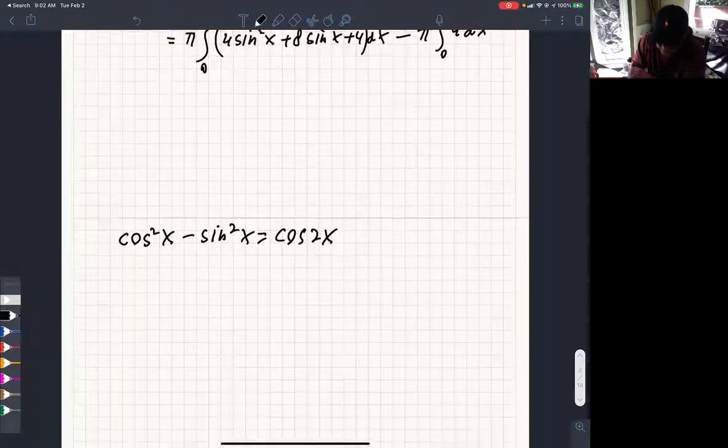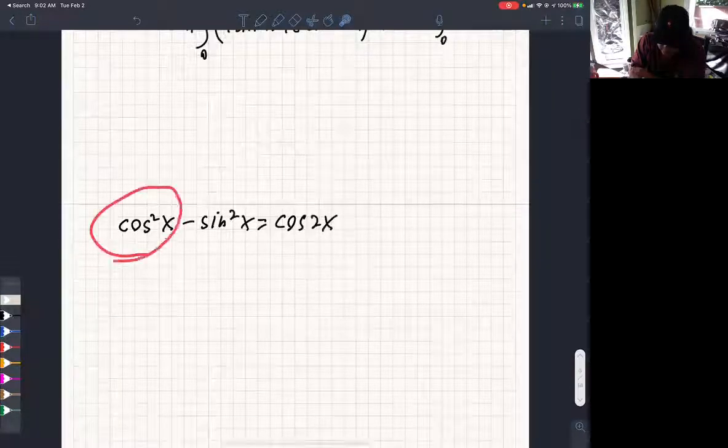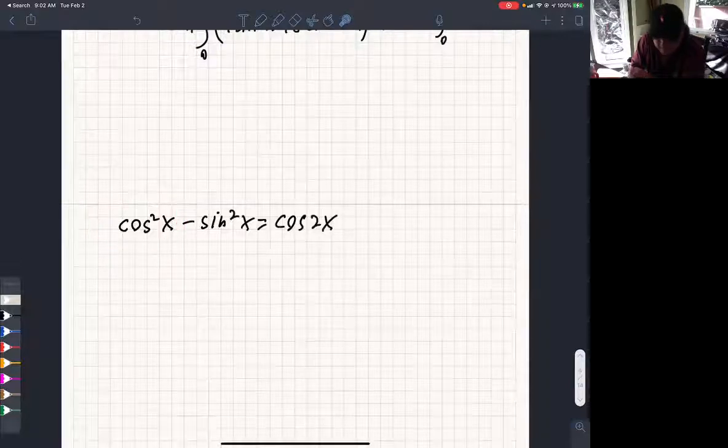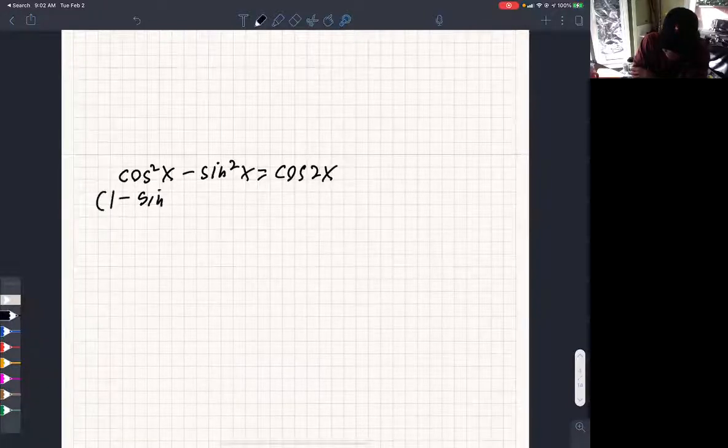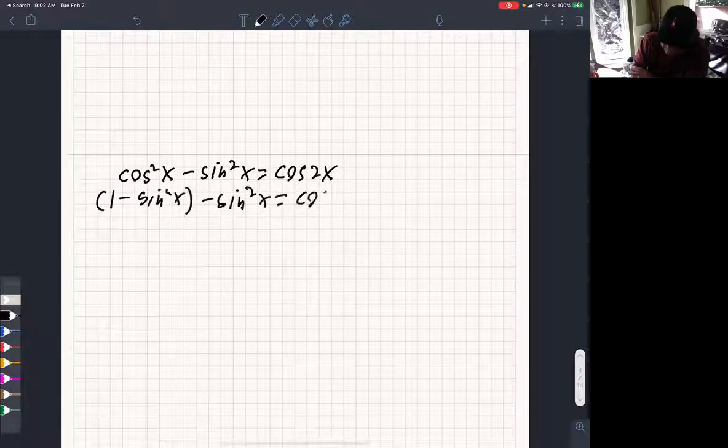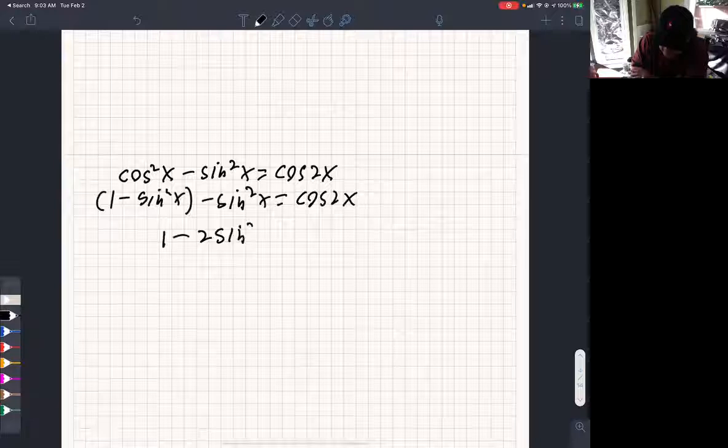So we want to get rid of the cosine squared. Cosine squared is equivalent to 1 minus sine squared x. And then you had this double angle identity that said 1 minus 2 sine squared x is cosine of 2x.